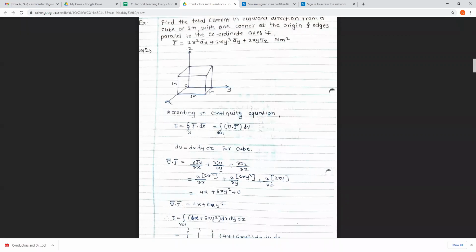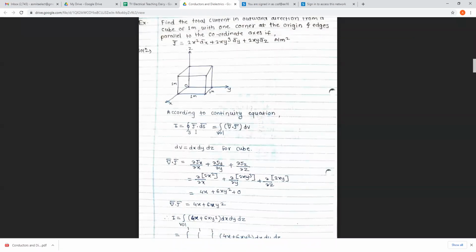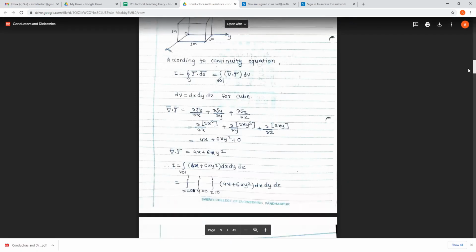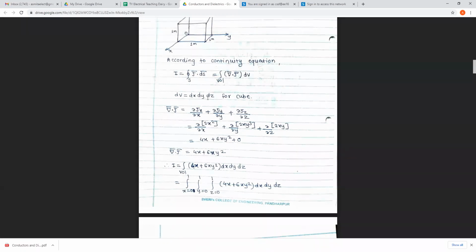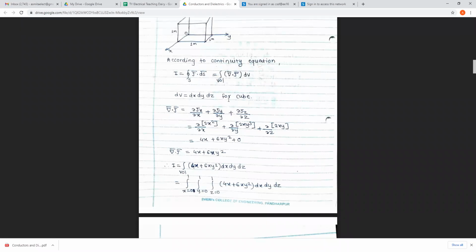Actually here, the perpendicular vectors have to be considered. Here we are solving the right hand side first, del dot j bar, that is nothing but the divergence of this vector j bar. For a Cartesian coordinate system, the differential volume is dx, dy and dz.